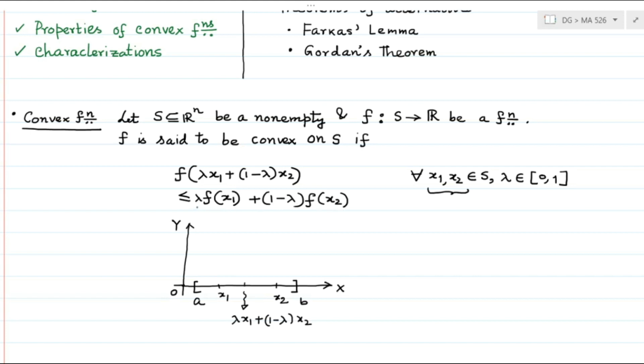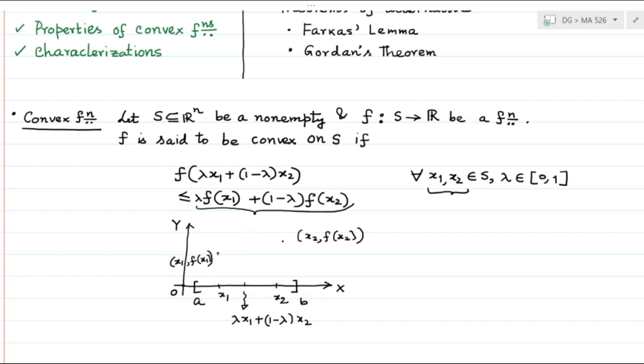We note that this expression is nothing but the chord joining the points x2, f(x2) and x1, f(x1).